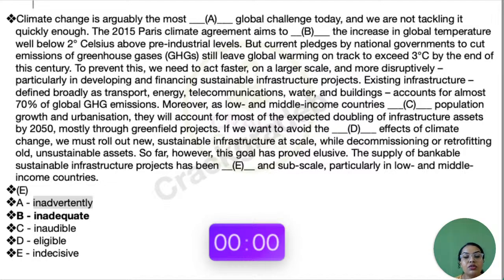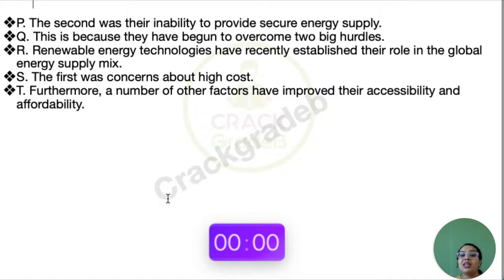Now we are going to do Para-jumble. This one is super easy. Please try to do it correctly. Arrange PQRST in a way where it will give you a coherent paragraph.